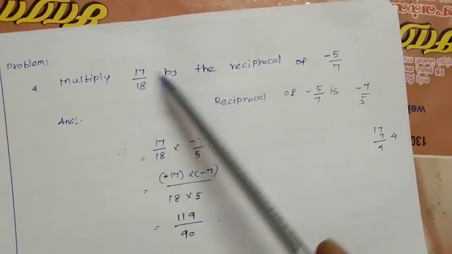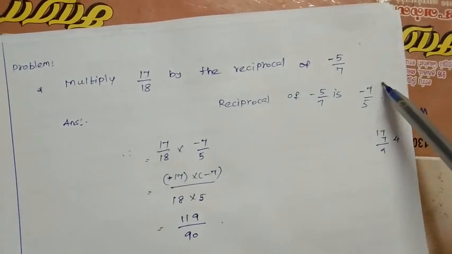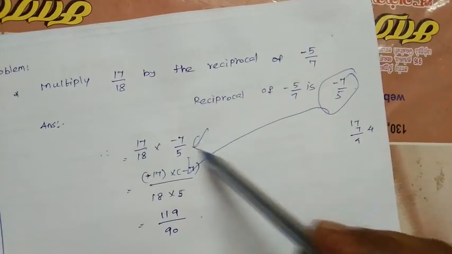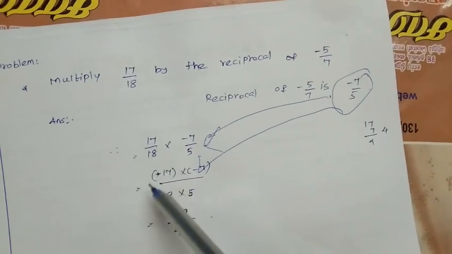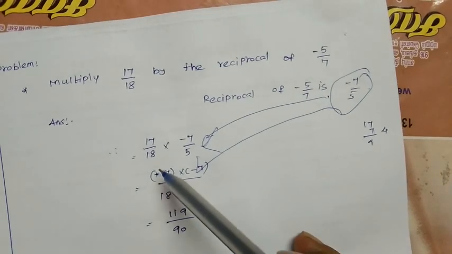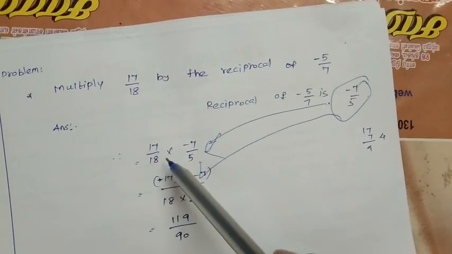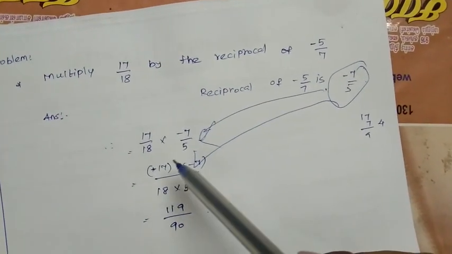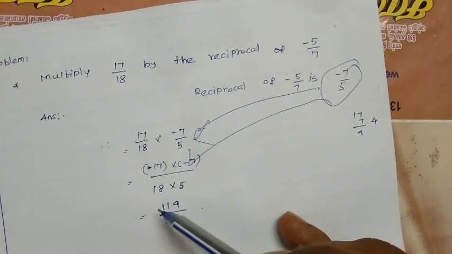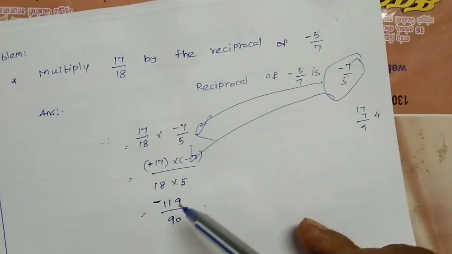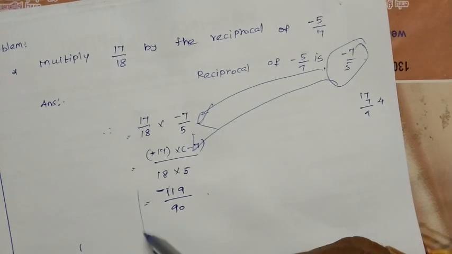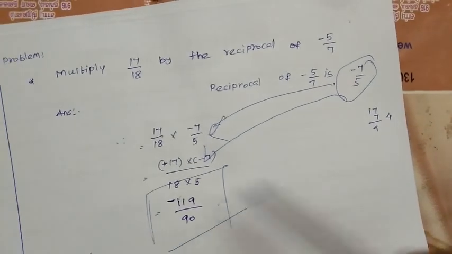Now substitute: 17 by 18 into minus 7 by 5. Multiply numerator into numerator: 17 into minus 7 divided by 18 into 5. 17 into 7 with a minus gives minus 119, divided by 18 into 5, which is 90. Like that we need to write the fraction.